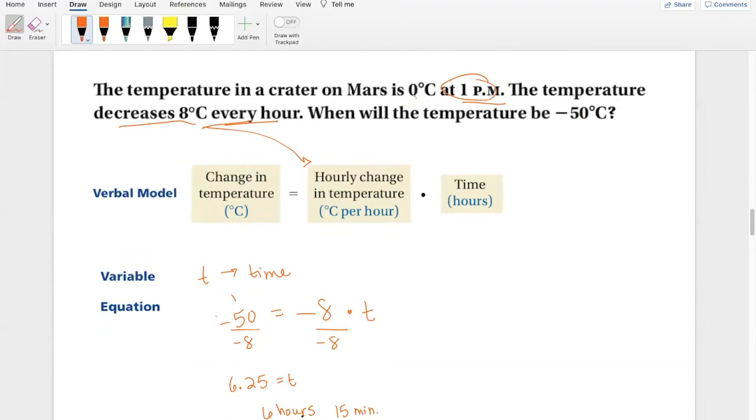So that would make it 7:15. So the temperature will be -50 degrees Celsius at 7:15 p.m.